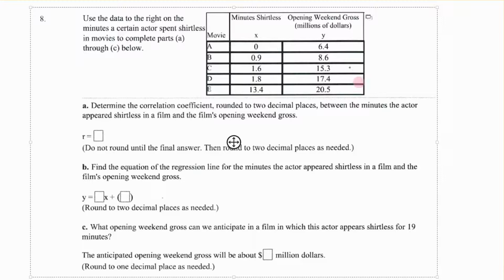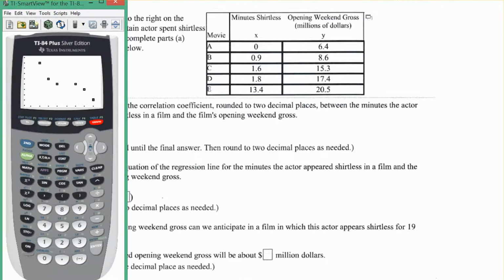They're trying to find out if there is a correlation between these. And I think it would strongly depend on who the actor was. All right, but let's see. Determine the correlation coefficient, rounding to 2 decimal places.